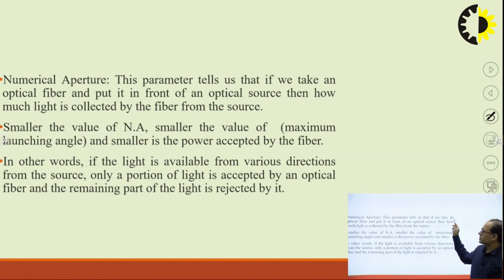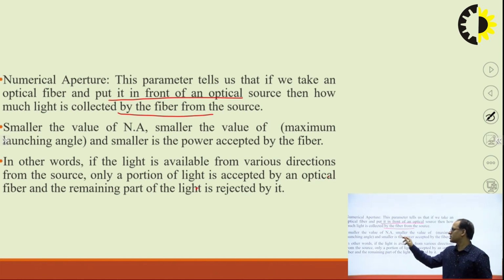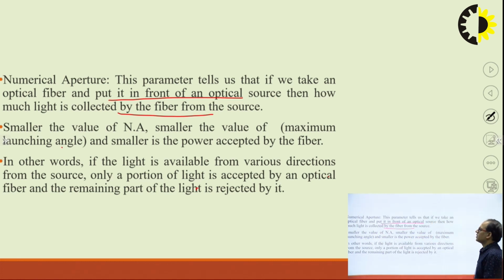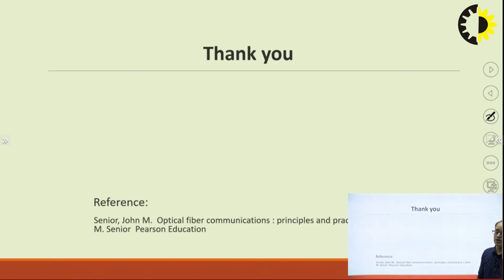This parameter tells us, if we put an optical fiber cable in front of the optical source, how much light is collected by the fiber from the source. The smaller the numerical aperture, the smaller the acceptance angle, so the less light is accepted by the optical fiber cable to perform total internal reflection.